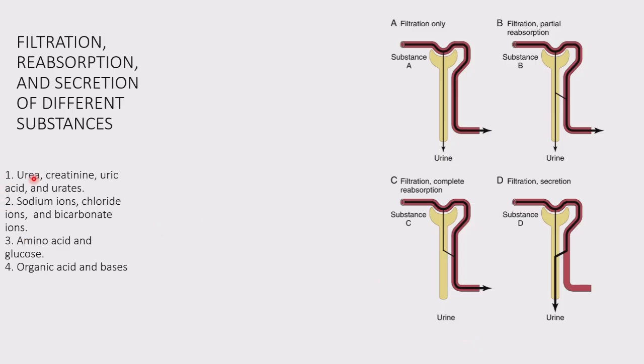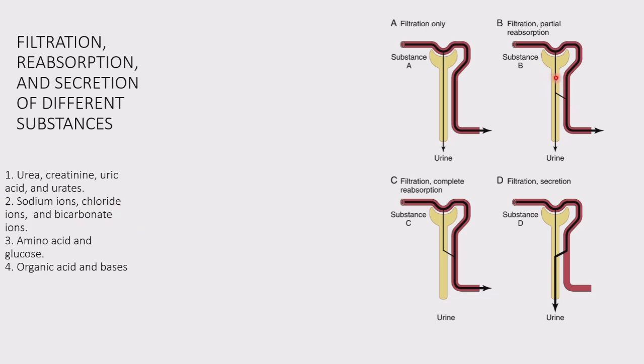Substances like urea, creatinine, uric acid, and urates are filtered but are poorly reabsorbed. That's why they are excreted in large amounts, as you can see in this diagram. While sodium ions, chloride, and bicarbonate are highly reabsorbed.